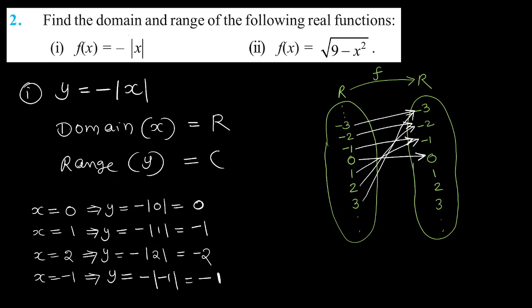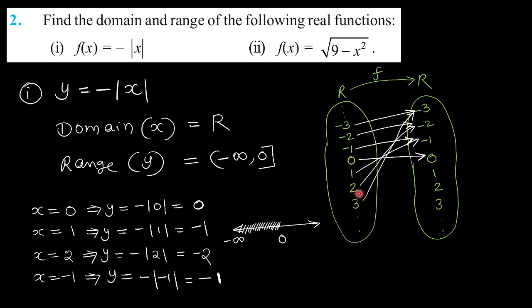So we can write like this, from minus infinity to 0. Why are we writing like this? Minus infinity is on the left side, 0 on the right side. Minus infinity to 0 means from minus infinity till 0, including 0.